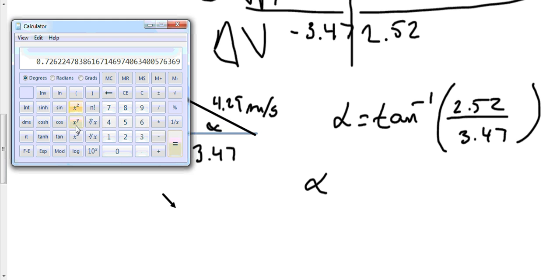I'm going to get this value, and then I take the inverse tan of that, and I get 35.98 degrees, so it's really 36.0 degrees.